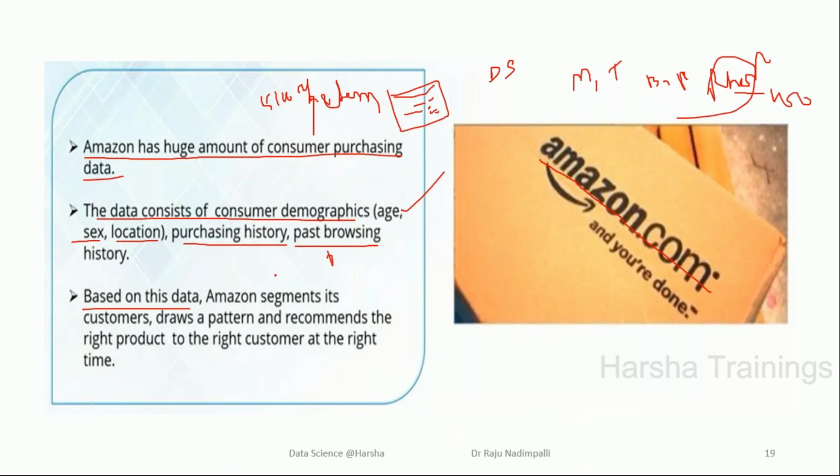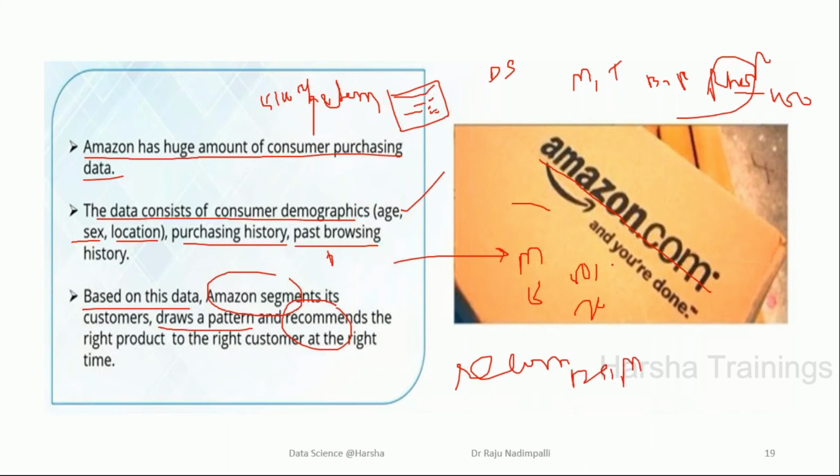Based on the data, Amazon will segment the customers, and they draw some sort of patterns, and they will send messages and emails offering 50% concession, 70% concession, and messages that you have new products which suit you. Internally it uses a data science application called a recommendation system, which is a machine learning application used by Amazon.